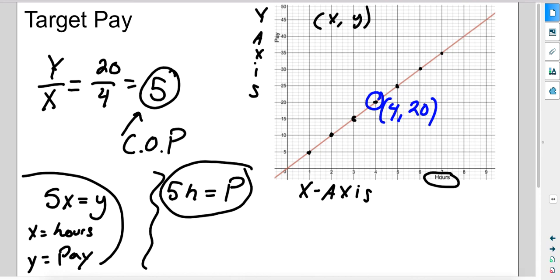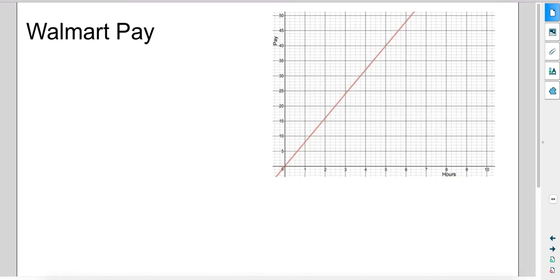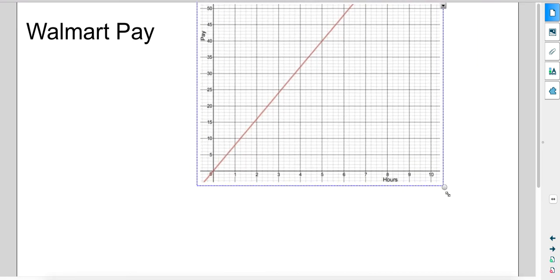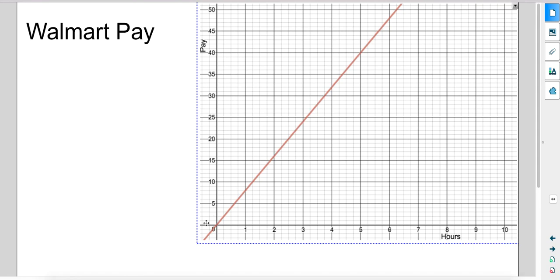Now my last example, you're going to notice that there's not quite as many ordered pairs. Now there will be some people who will try to examine, and I'll make this a little bit bigger so you can see it, where the line crosses the y-axis, or the y value I should say, and it's kind of hard to tell here. You can't really tell.